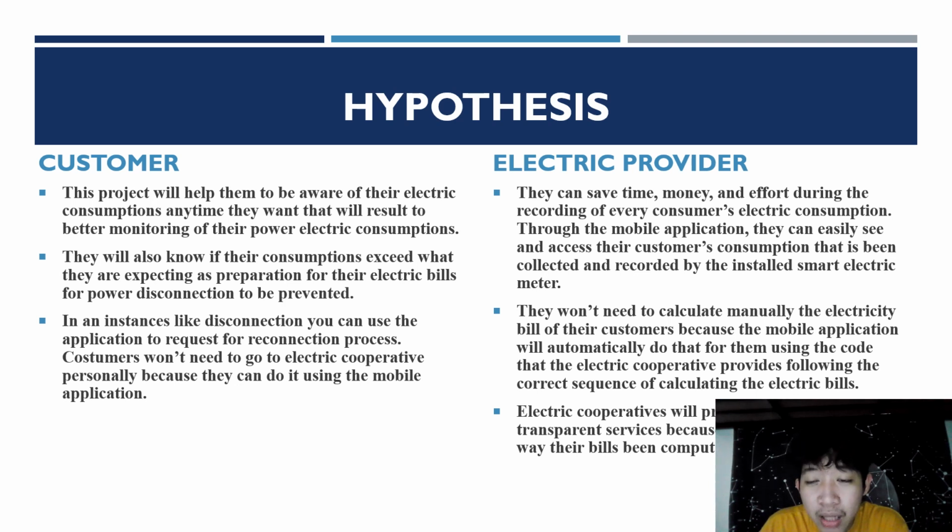They won't need to calculate manually the electricity bill of their customers because the mobile application will automatically do that for them, using the code that the electric cooperative provides, following the correct sequence of calculating the power and electric bills. In this way, electric cooperatives will provide better and transparent services because customers can see the way their bills been computed.